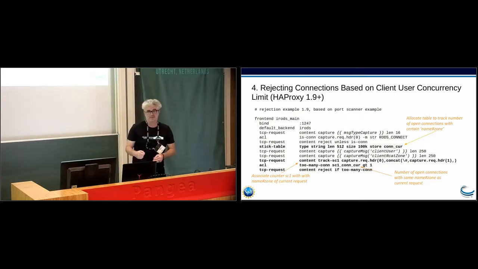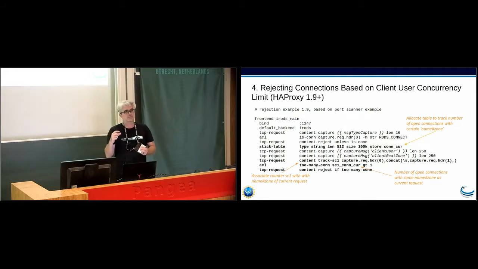Then you can do things like track how many of these connections are from the same host or the same username, etc. In this one, we're storing something called concur, which is just the number of concurrently open connections from our user. We've set it up so that we're going to be storing name, pound, zone in the table. So it will be a map of name, pound, zone to how many times that shows up in open connections.